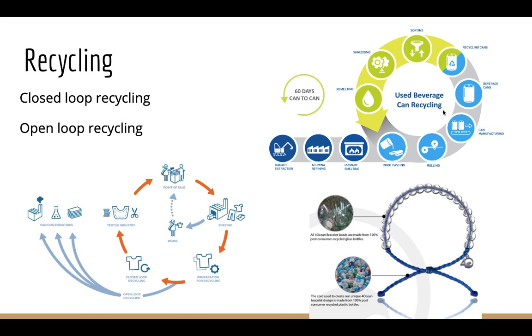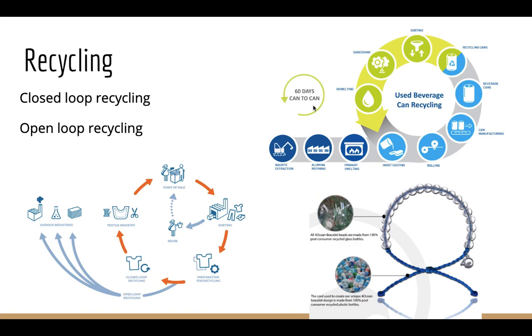So recycling is the process when materials that were destined to become municipal solid waste are collected and then converted into raw materials, and then those raw materials are used to produce new products. And there's a couple different kinds of recycling. You can have closed loop recycling. This is where the original waste material is made back into the same material without being changed significantly, right?